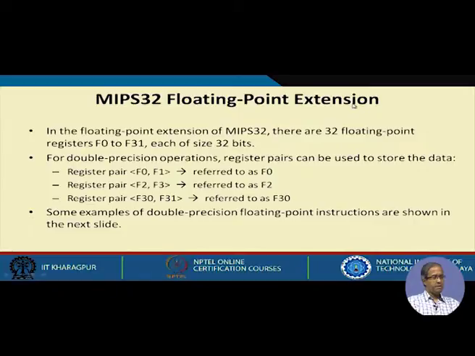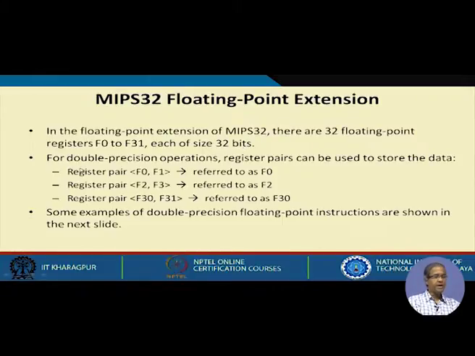Now, earlier we had briefly looked at the MIPS 32 floating point registers and some of the instructions therein. So, just a quick recap. In the MIPS 32 there are 32 floating point registers which are named F0 to F31, all of 32 bit size.